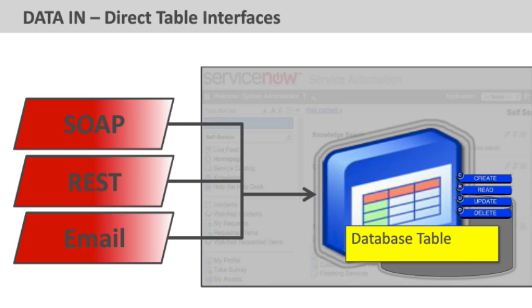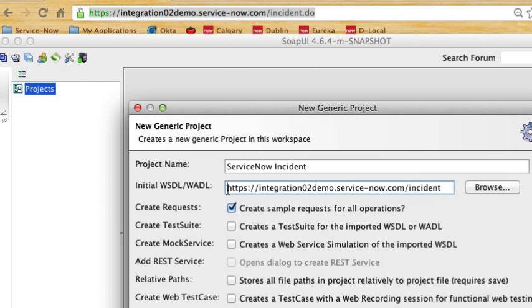Web service endpoints for each table can be generated by adding a special URL parameter to the URL of the database table. For example, if we wanted to see the web service functions available to us via the SOAP web service interface, we would simply set up a SOAP client such as SOAP UI to consume a WSDL in the following URL format.